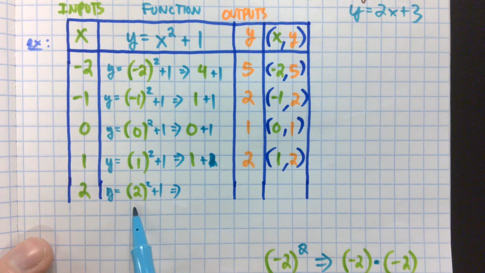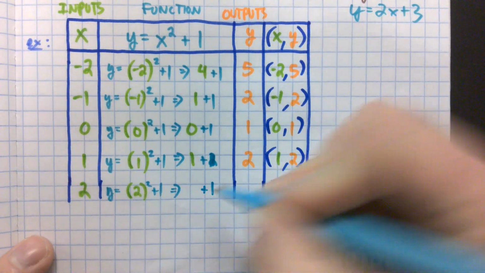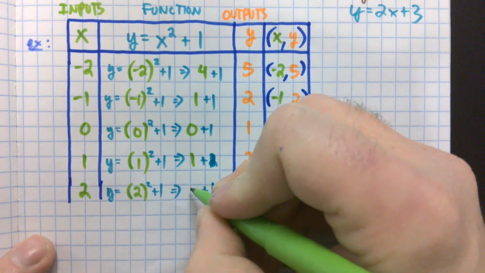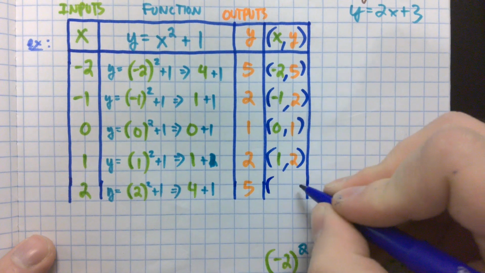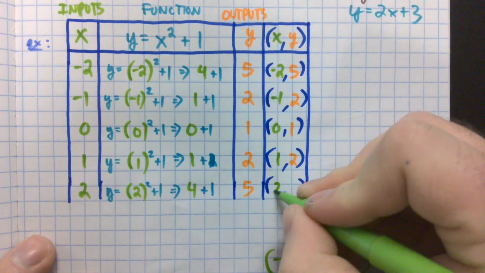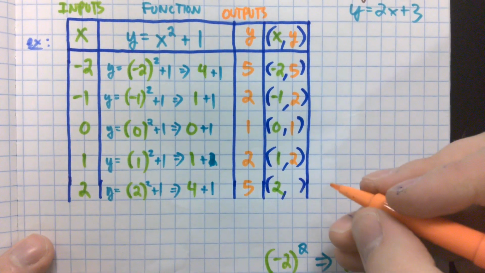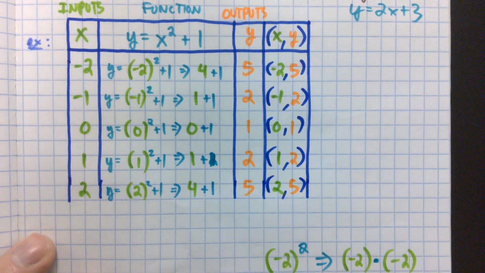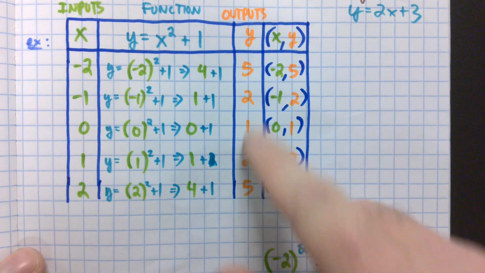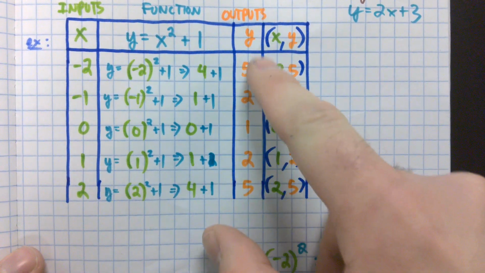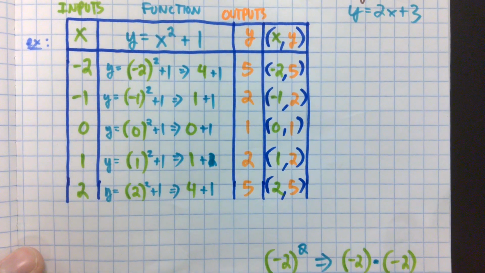What does 2 squared give us? 4. 4 plus 1 gives me 5. What do we notice about that output? There's 2 of them. So we got double 5s, we got double 2s. Look at this. It's kind of like symmetrical, like a mirror. 5, 2, 1, 2, 5 for our outputs.